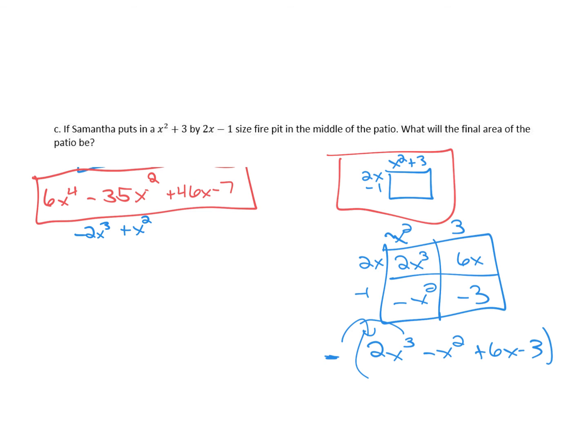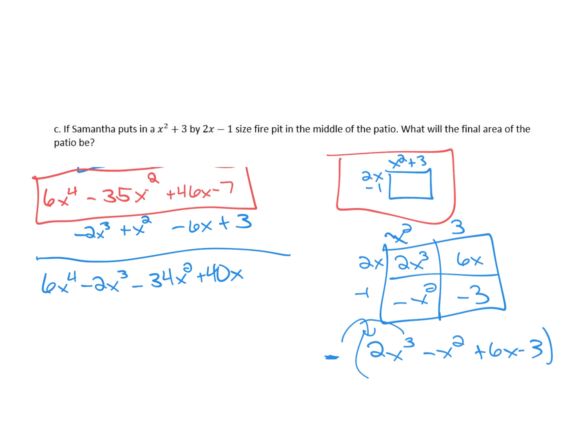We are going to be able to add an x squared. We'll be able to subtract the 6x. And we'll be able to add that 3. So, final answer: 6x to the 4th minus 2x cubed minus 34x squared plus 40x minus 4.